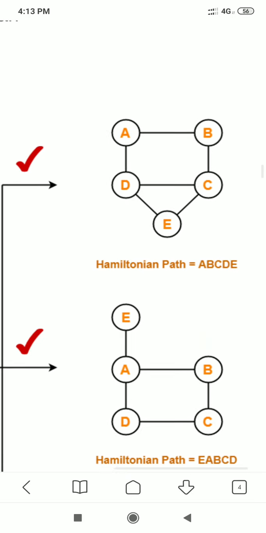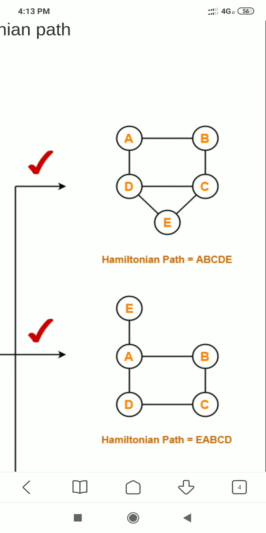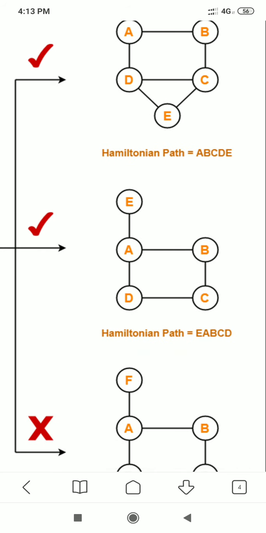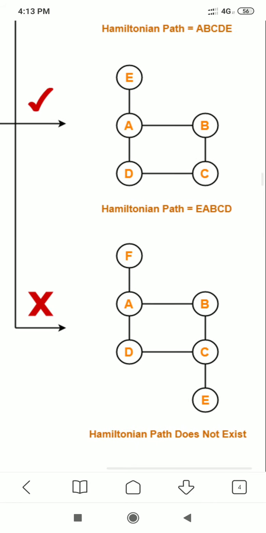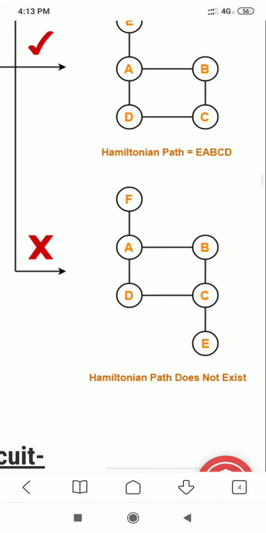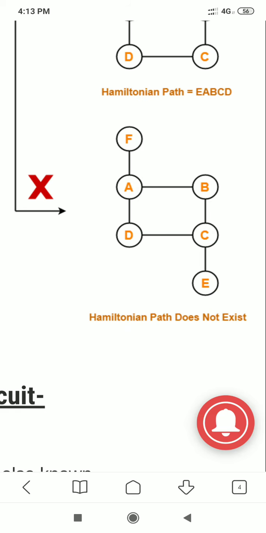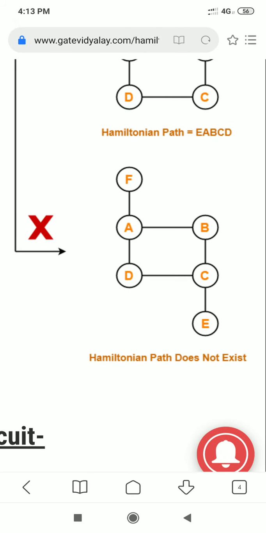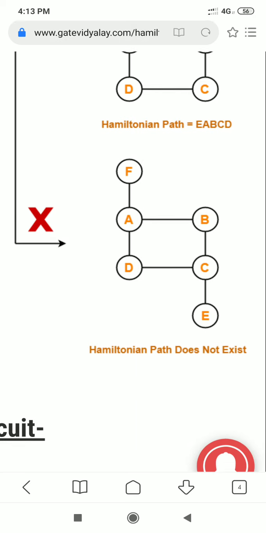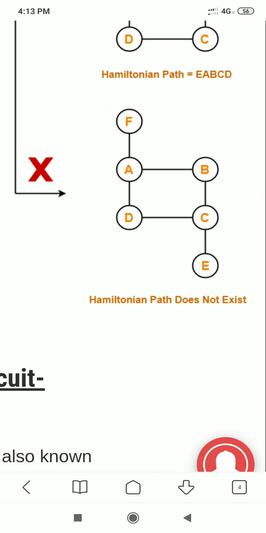Now if you check, A, B, C, D, E is a path. In that graph also, E, A, B, C, D is a path, and it is a Hamiltonian path. Now if you consider this graph, let's try to construct a path.